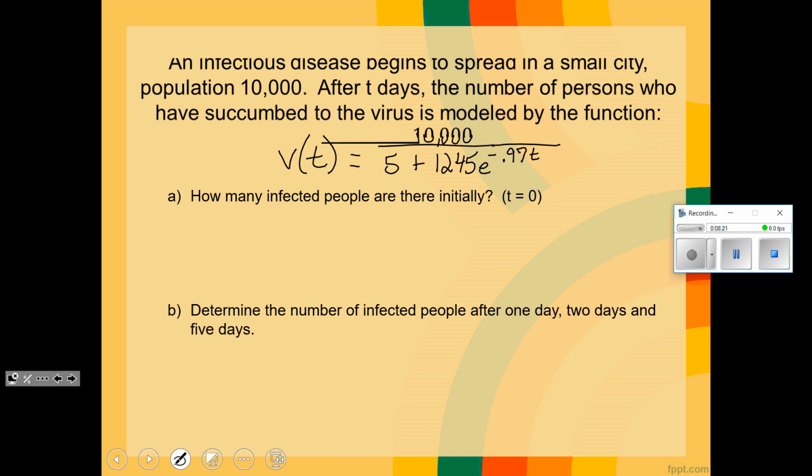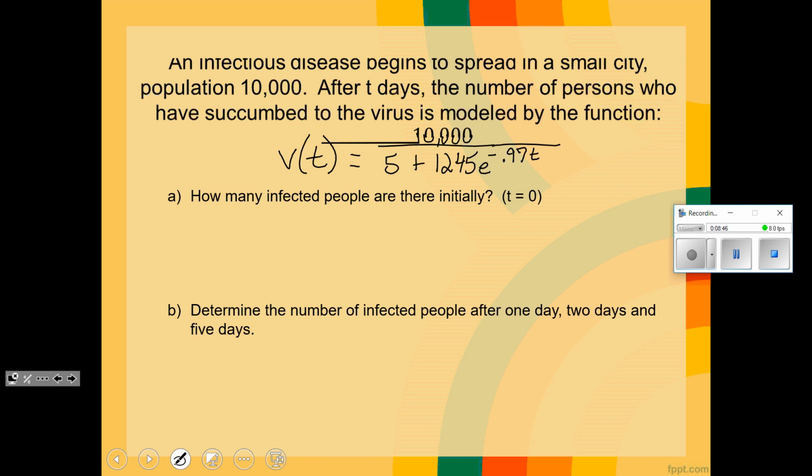Okay, and that's just the model for this. So basically V at T is going to give us how many people are infected over a period of time. Okay, does that make sense? And notice we have T, as T increases, T is the part of the exponent, meaning it's going to grow how?